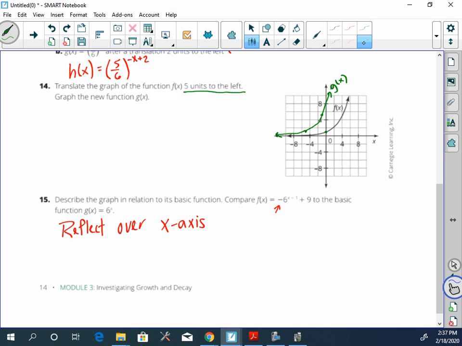And then we've got this -1, and think of that as being like in the parenthesis. So if it's -1 in the parenthesis, it actually goes to the right one. And then we've also got this +9 in the back, and a plus or minus in the back moves it up or down. So this is going to move it up 9. So those are the 3 things that's happening to that function there.